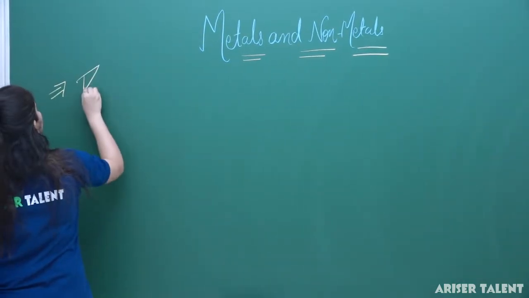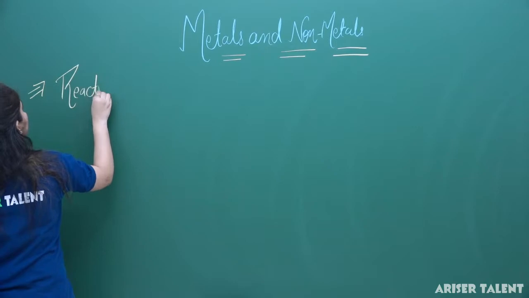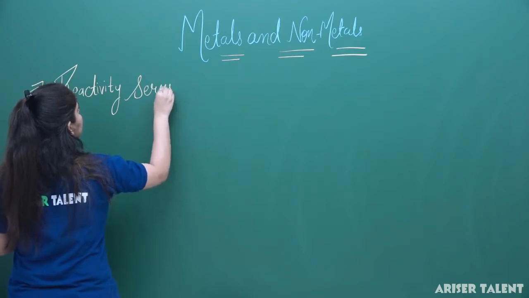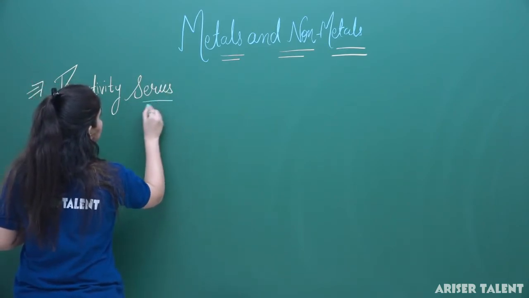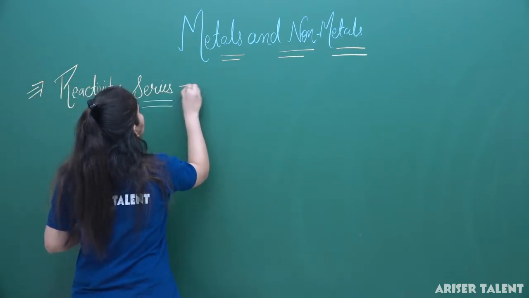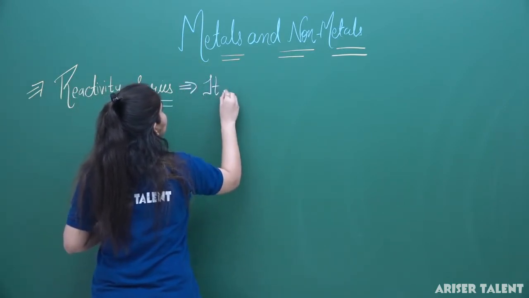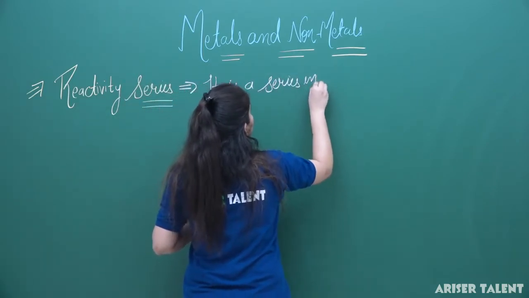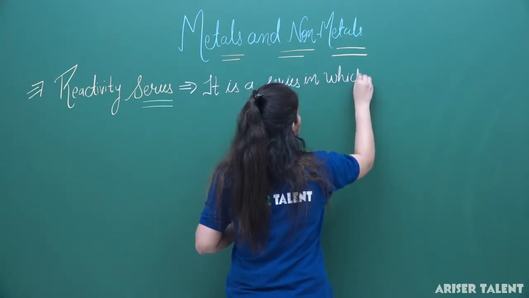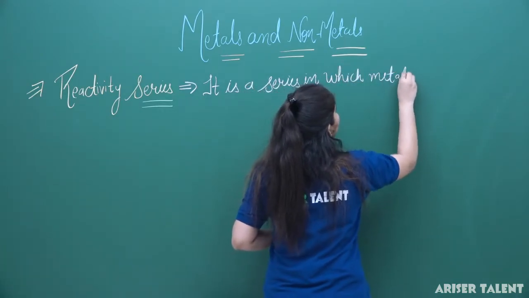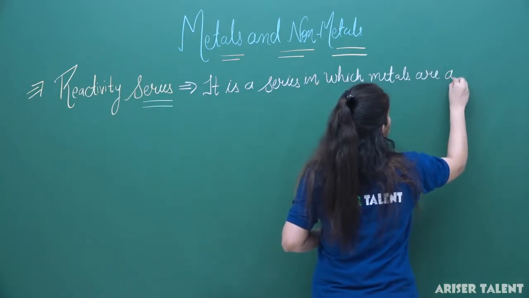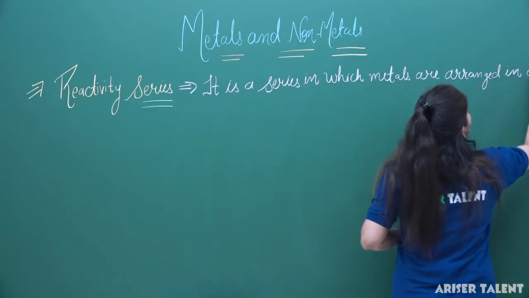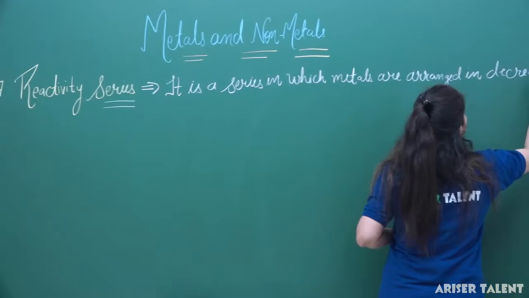Our today's topic is reactivity series. Reactivity series is a series in which metals are arranged in decreasing order of their chemical reactivity.